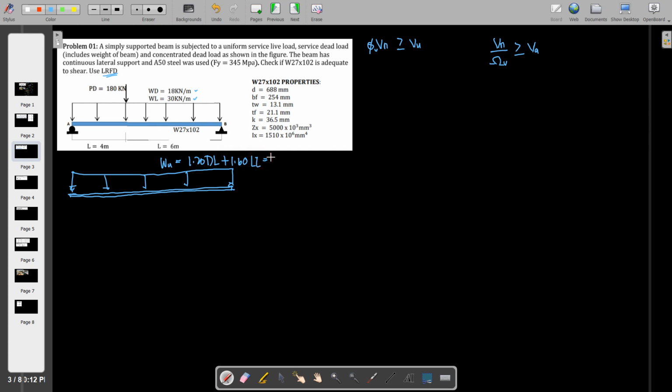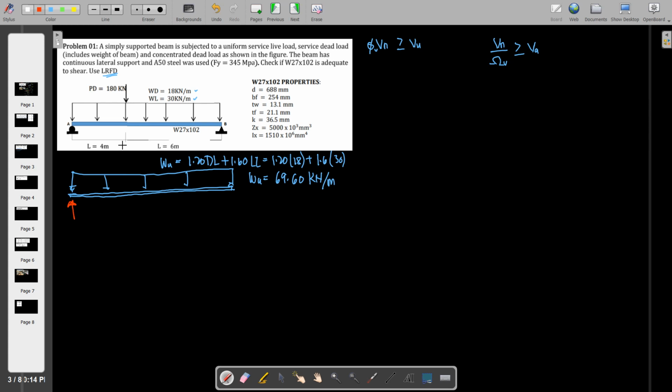If we substitute that, we have 1.2 times 18 plus 1.6 times 30. Okay, so I think this WU shall give us 69.6 kilonewton per meter. Of course, warm up tayo, we need to establish here.